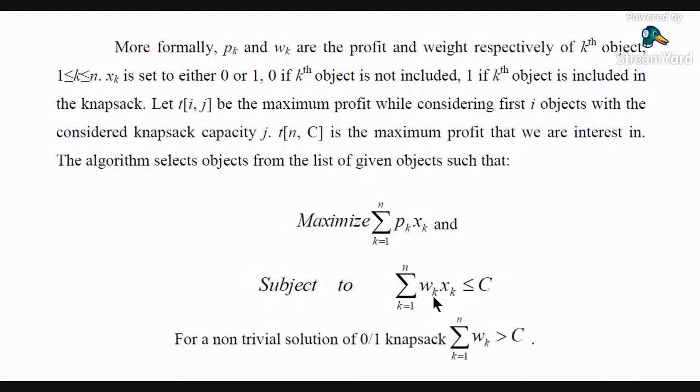We can include all the objects irrespective of any condition, because even if we include all the objects, the total is still less than the knapsack capacity. Then we do not bother about it, and that is considered a trivial solution. But here, for a non-trivial solution, the summation of weights of all the objects should be greater than C, so that we can decide whether each object should be included or not. Now we will have a look at the algorithm.